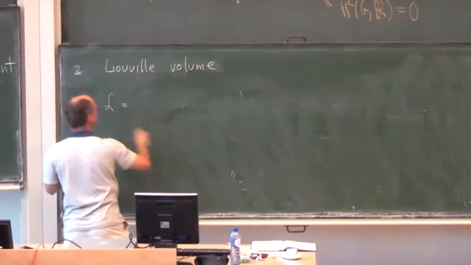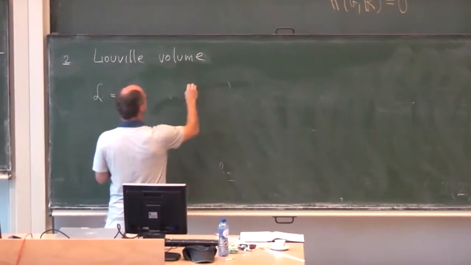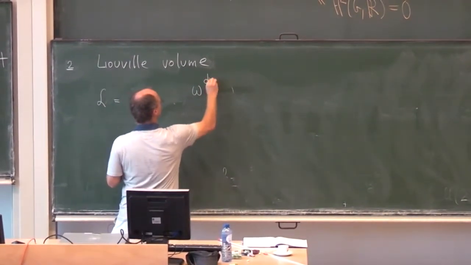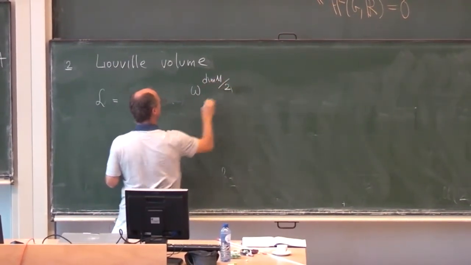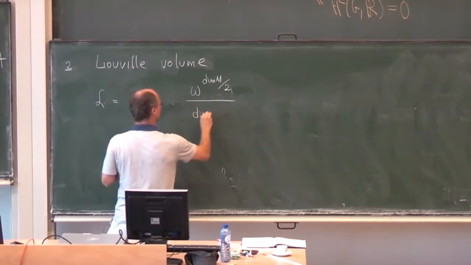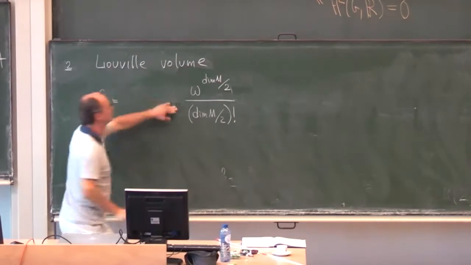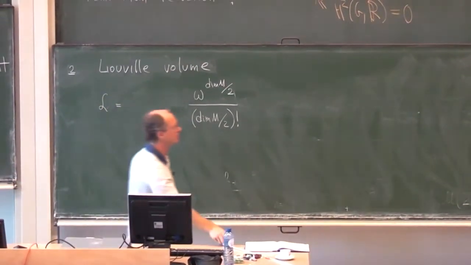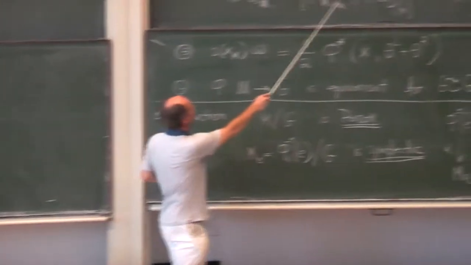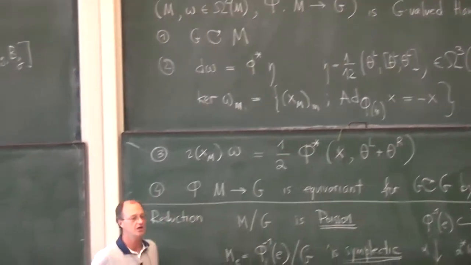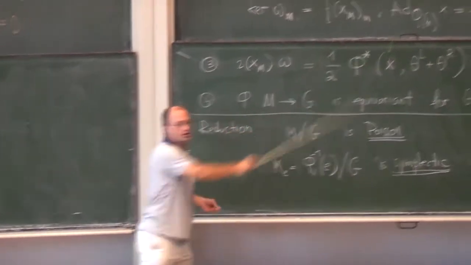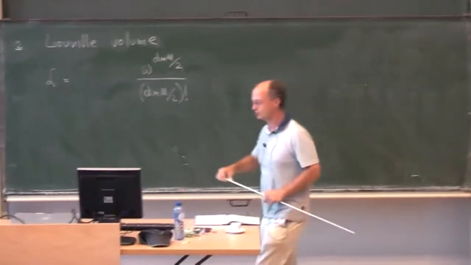Well, if we simply try to define this Liouville form as omega to the power dimension of M over 2, over dimension of M over 2 factorial, here we would fail, because there would be a kernel of omega somewhere, and the place where we have a kernel, this volume form would vanish.